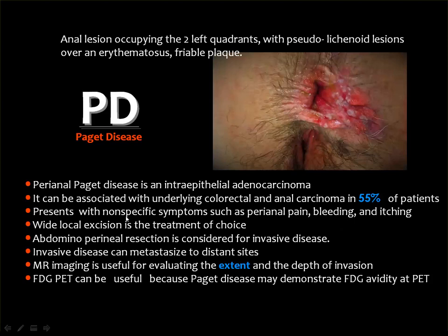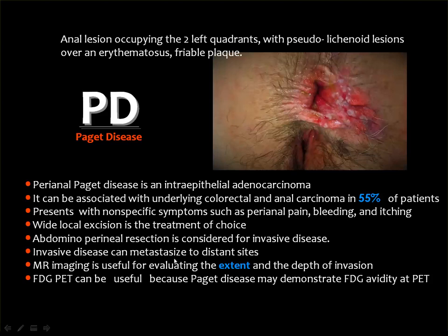It may present with non-specific symptoms such as pain, bleeding, or itching. The treatment of choice is wide local excision, and if the lesion is invasive, you may consider abdominoperineal resection.